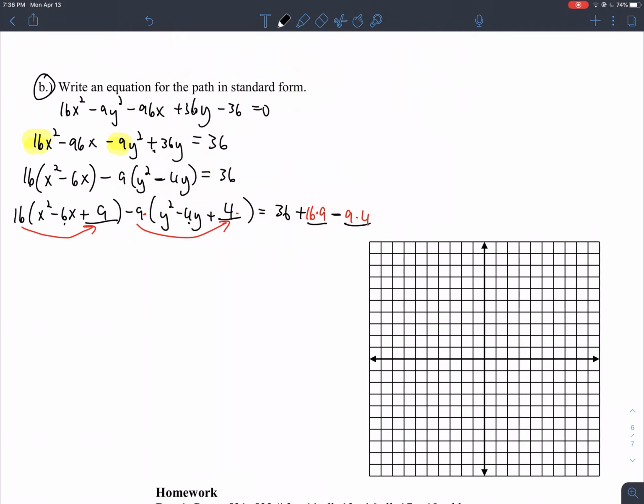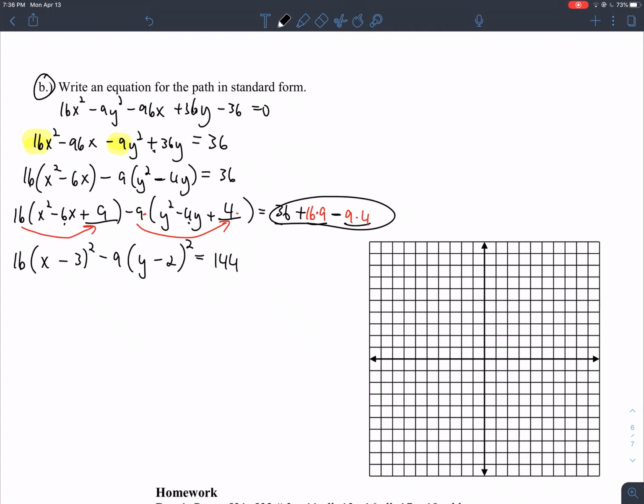Let's finalize the completing the square part: 16 times x minus 3 squared minus 9 times y minus 2 squared equals, and if you add all of this up, you get 144.